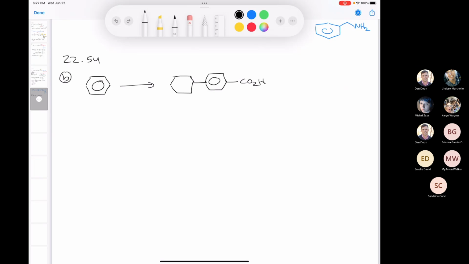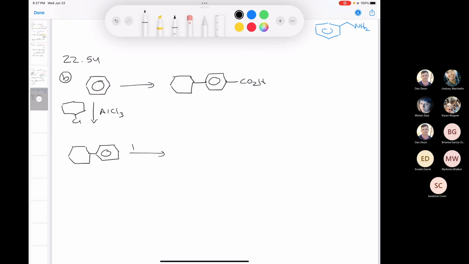I can think of a few ways to do this, but the bottom line is you've got to put the cyclohexyl group in first, because that's an ortho para director, and you're ending up with a meta director. So no matter what, I would always start by treating this with cyclohexyl chloride and aluminum chloride, and that's going to give you cyclohexylbenzene. Then you've got a bunch of options.